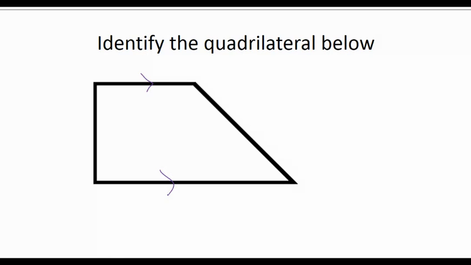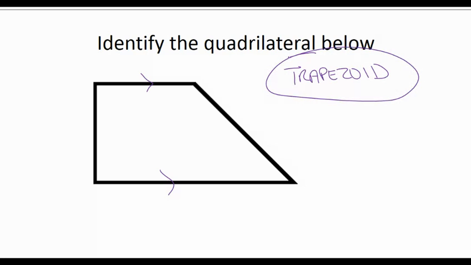So if it has one set of parallel sides, that means it is a trapezoid. Could it also be an isosceles trapezoid? No, because in an isosceles trapezoid the other 2 sides would need to be equal lengths, and the other 2 sides are not equal. So this is just a trapezoid, and that is the only answer I can give.